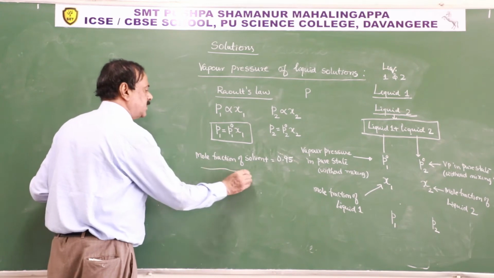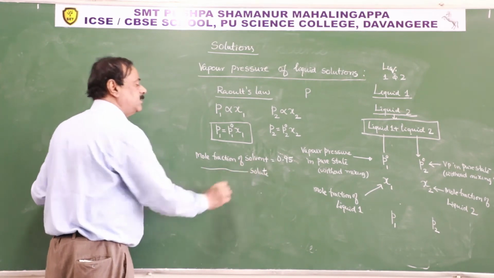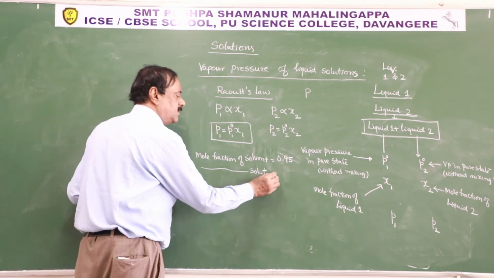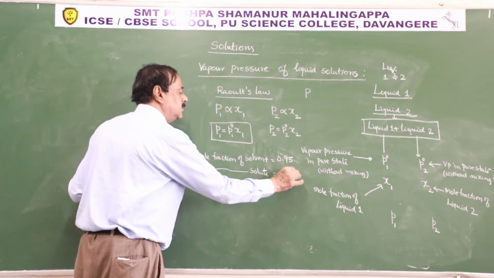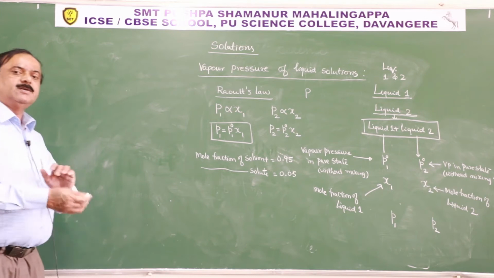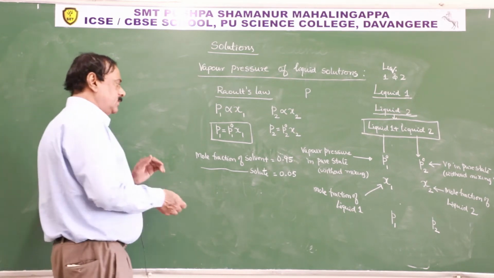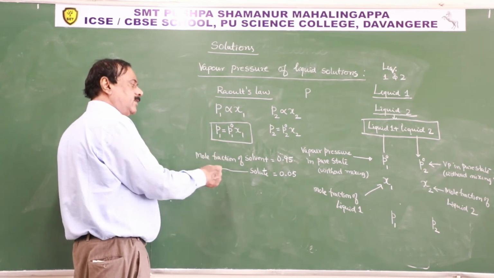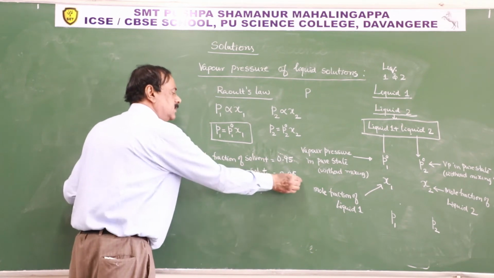What about the mole fraction of the solute? Because the sum of the mole fractions is always equal to 1, the mole fraction of the solute is equal to 0.05.